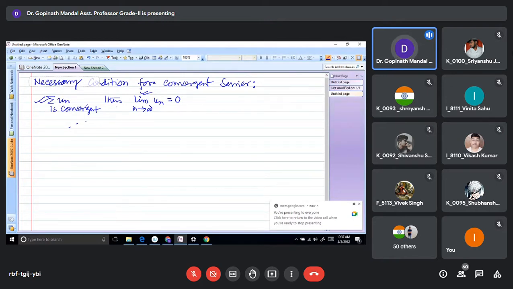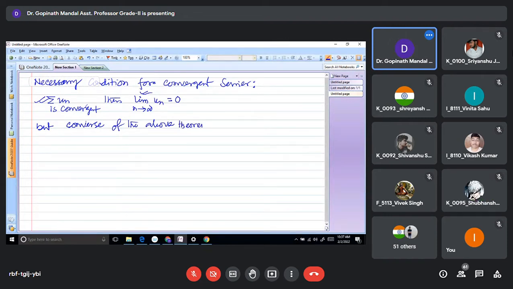But the converse of the above theorem is not always true. That means the condition is not sufficient.